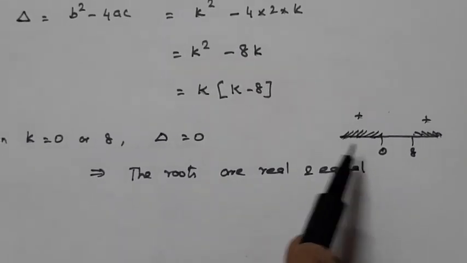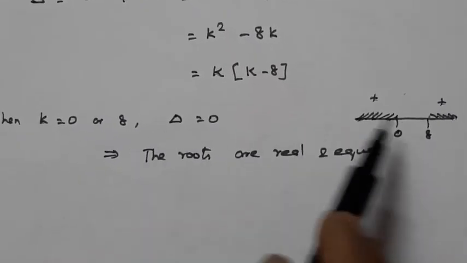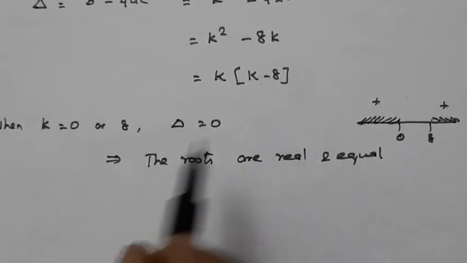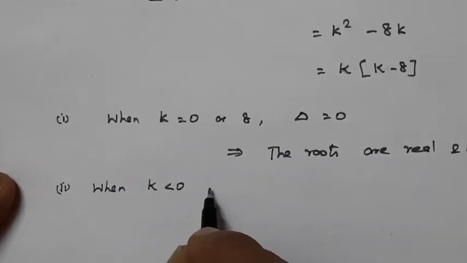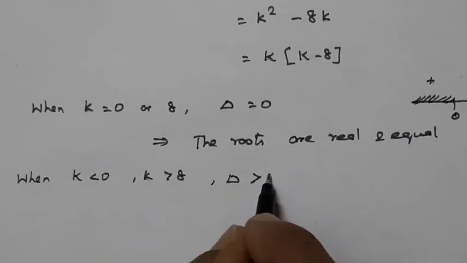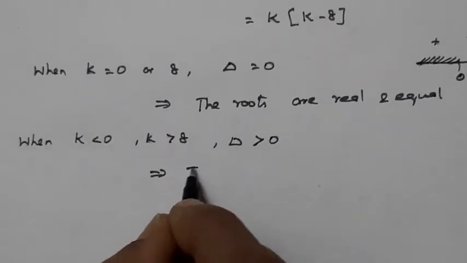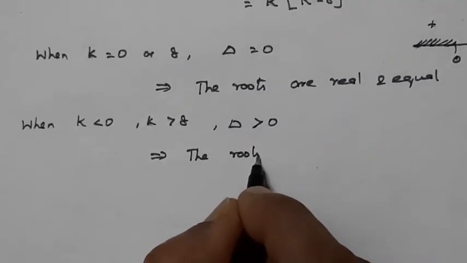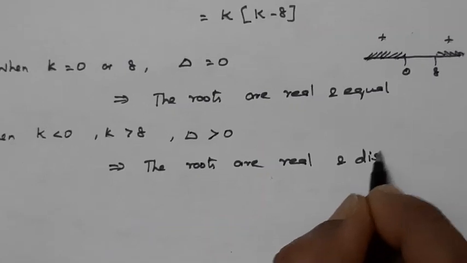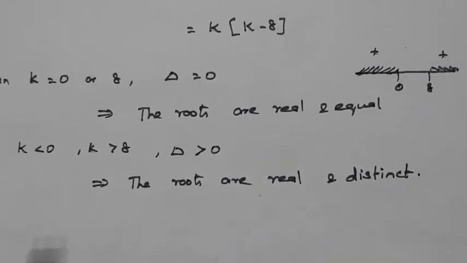So for what values of k will delta be greater than 0, a positive quantity? When k is less than 0 and k is greater than 8. So this implies that the roots are real and distinct. Okay.